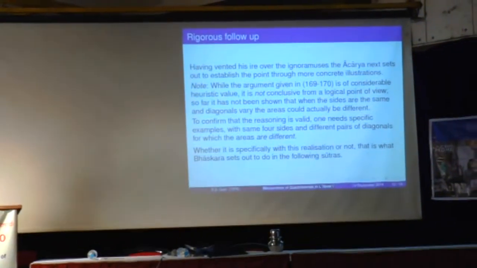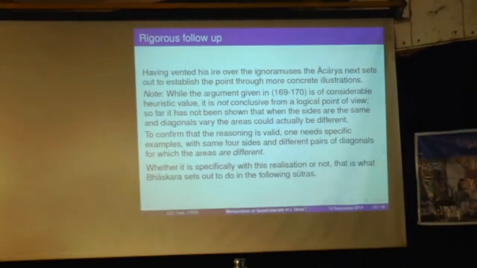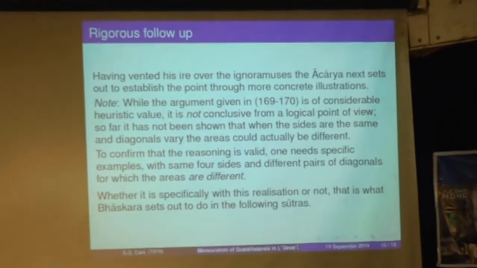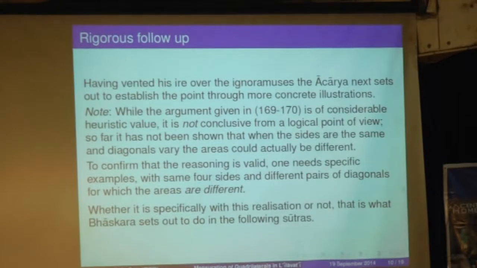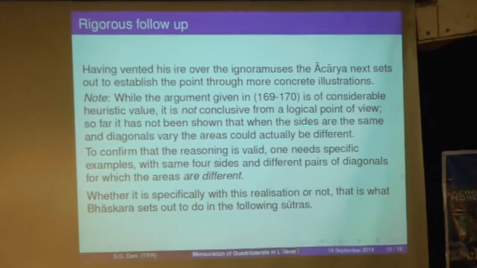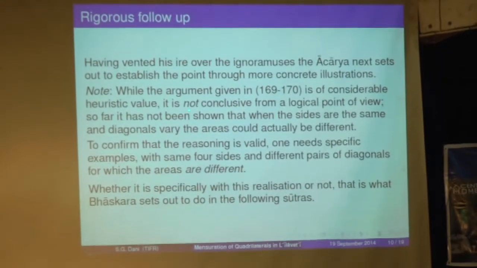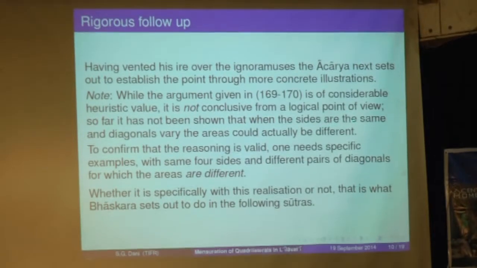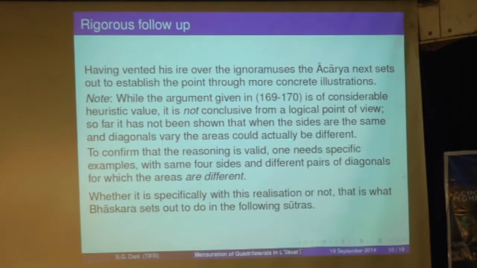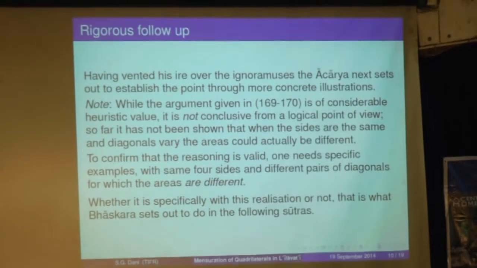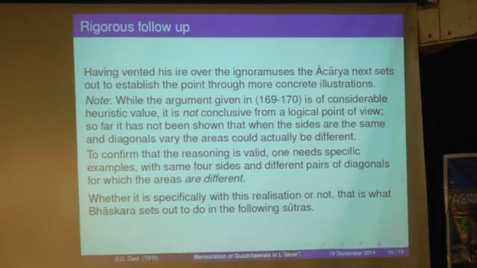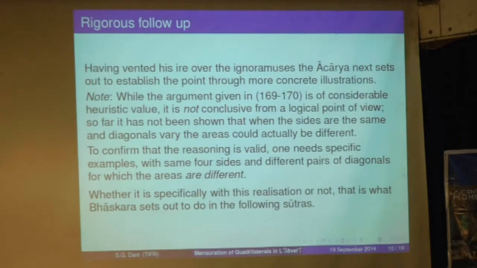Because so far you didn't show that there could be various different quadrilaterals whose area could happen to be the same. So far we have not actually seen actual examples. And to confirm that the reasoning is valid, one would need specific examples with the same sizes for the four sides and different diagonals for which the areas are actually different. That's what one would like.